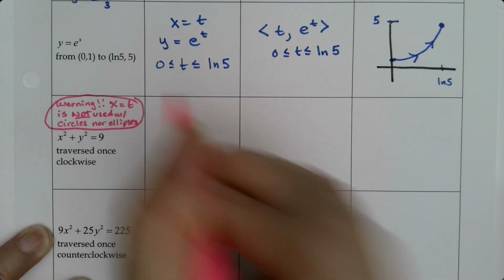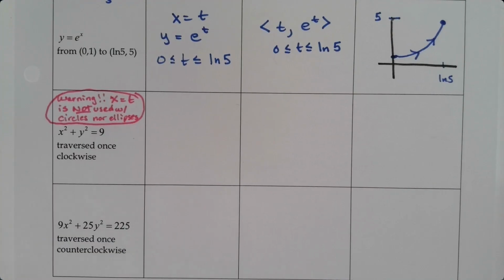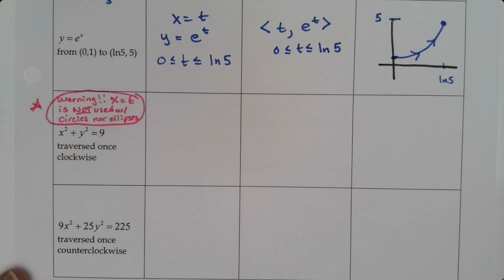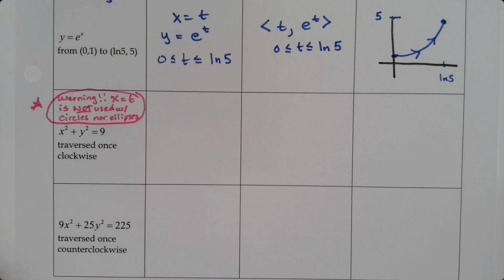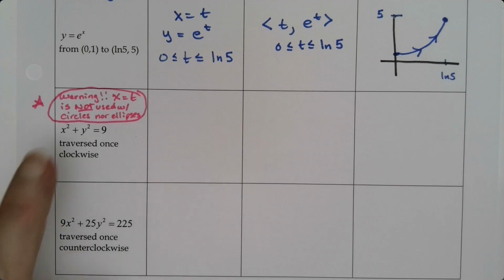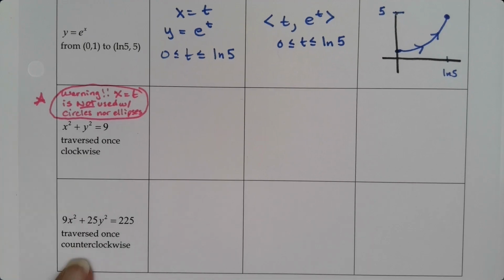We learned about those when we learned parametric functions, right? So that's an exception to our handy-dandy rule. So for ellipses and circles, we do not use x equals t, which is what these two are. This is a circle, this is an ellipse.